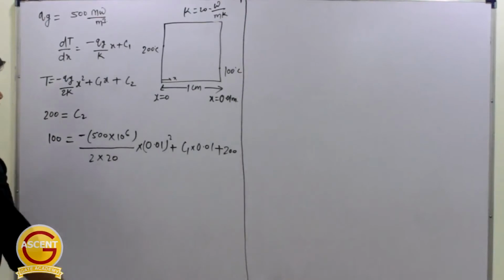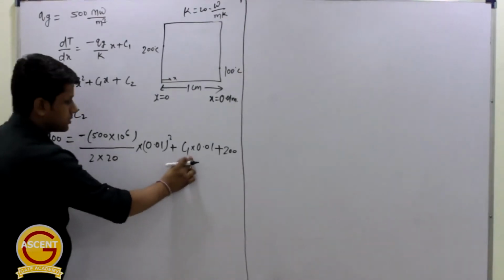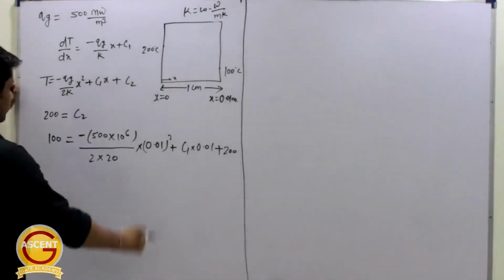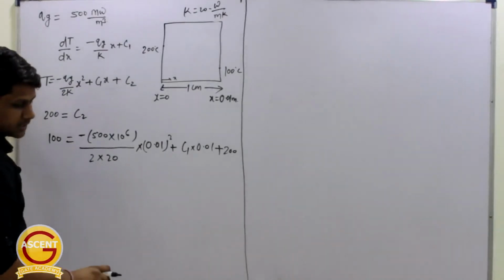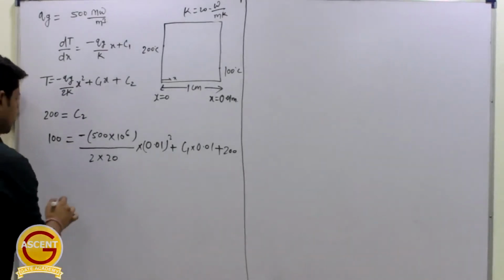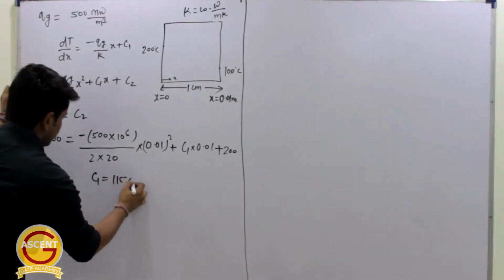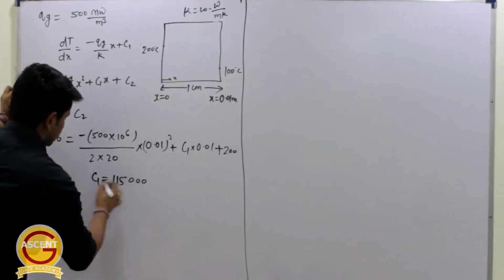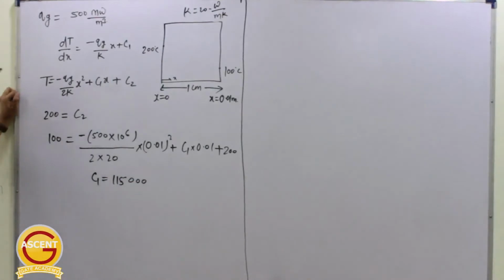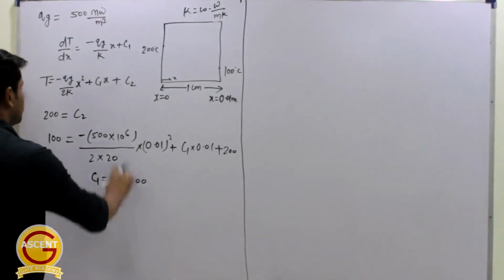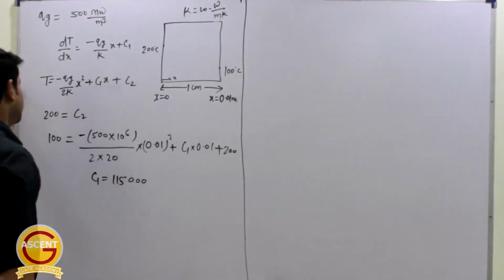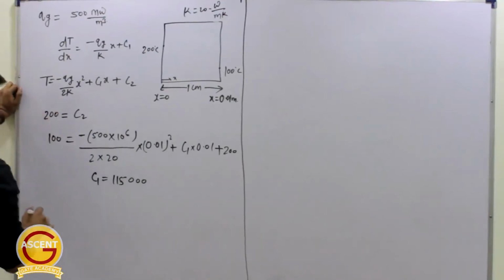Now there is only one unknown, that is C1, the first constant. So when you calculate this, you will get C1 as 115,000. So the C1 value we are getting is 115,000, right? Now when you have calculated the C1 and C2 values, you have got the temperature profile.